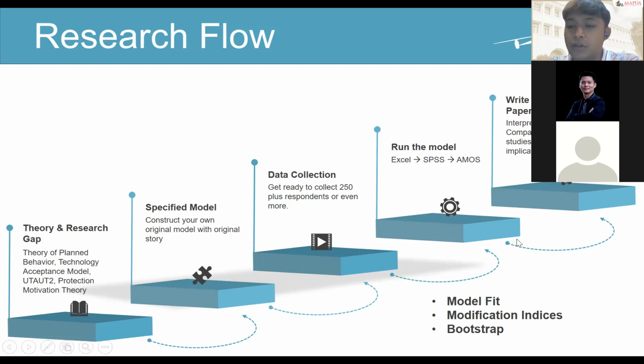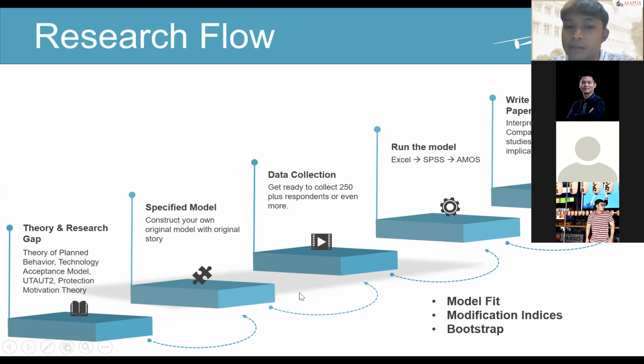What else did you use in the past? TAM, UTAUT, UTAUT2, SUS, right? System usability scale, you can use that. PMT, TAM. Yes, those are good theories that everybody can use.